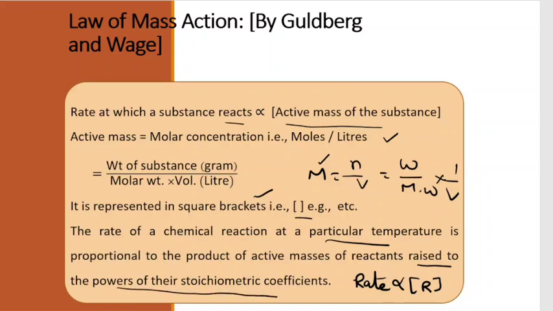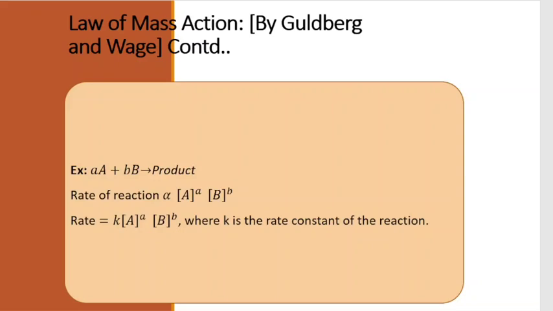Now let us see what it is. Once again, the law of mass action says that at constant temperature, the rate of a chemical reaction is directly proportional to the product of the active masses of the reactants raised to the power of their stoichiometric coefficients. If you check this, you will understand it better.